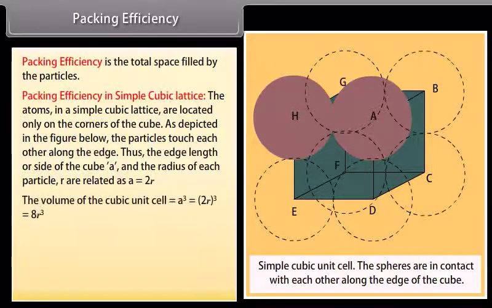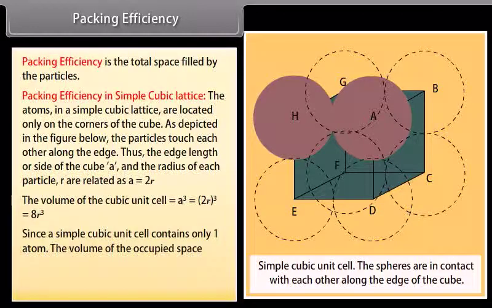The volume of the cubic unit cell is equal to a cube, which is equal to (2r) cube, which equals 8r cube. Since a simple cubic unit cell contains only one atom, the volume of the occupied space is equal to 4 upon 3 pi r cube.